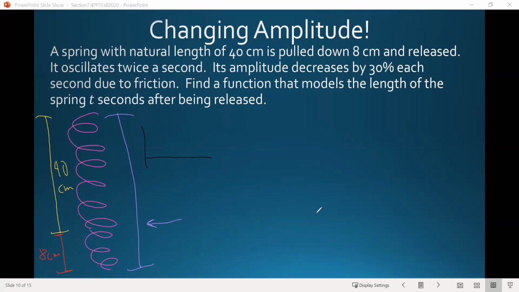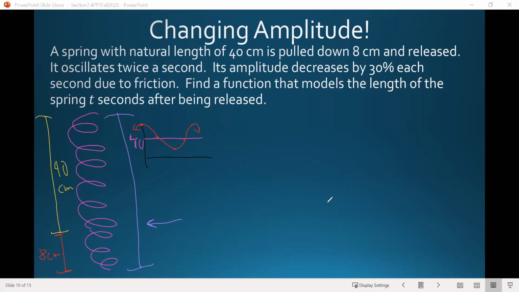If our average or natural length is right here, at 40 centimeters, it's starting stretched out, which means it's starting off the midline, above it.